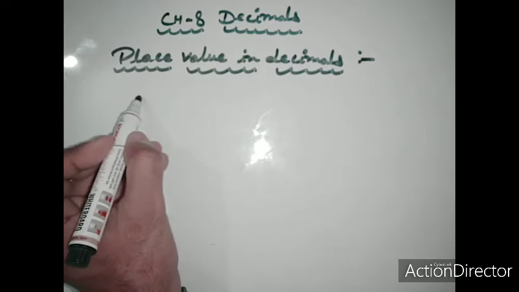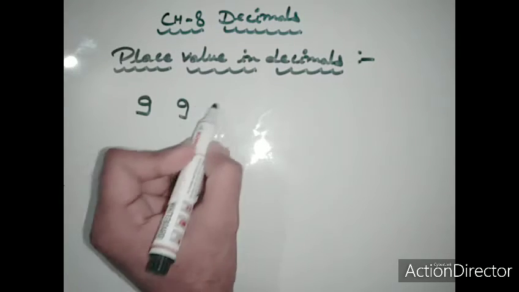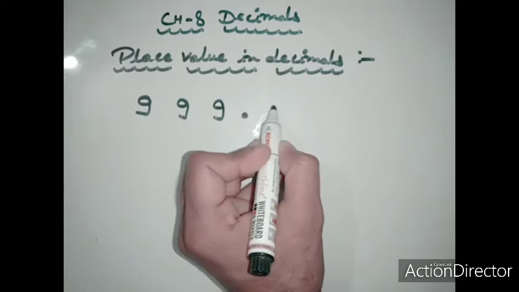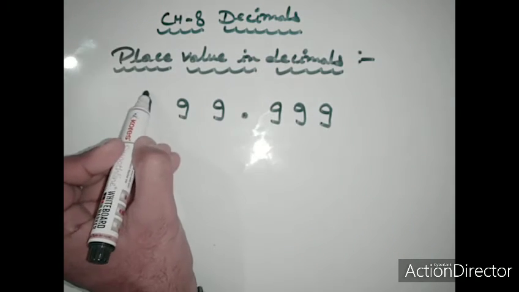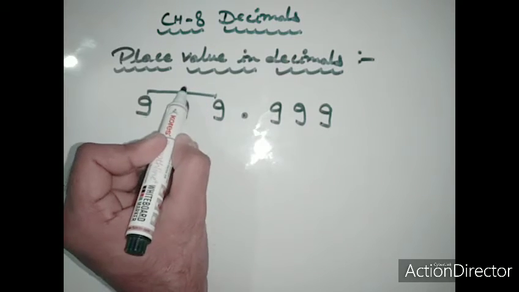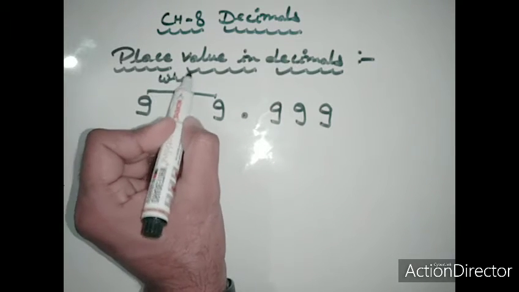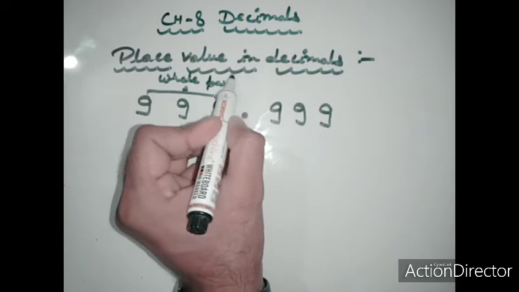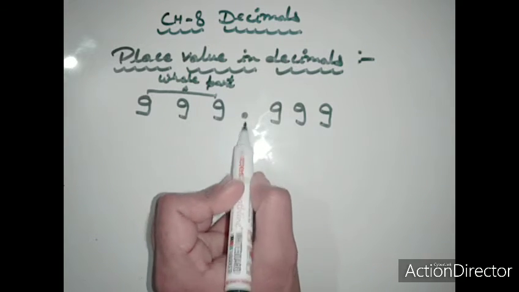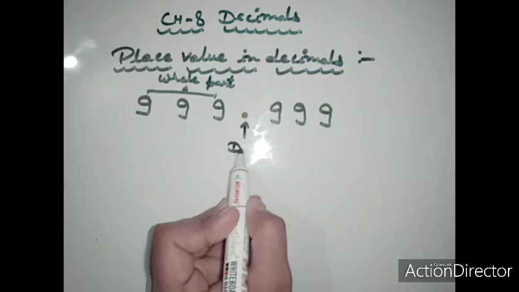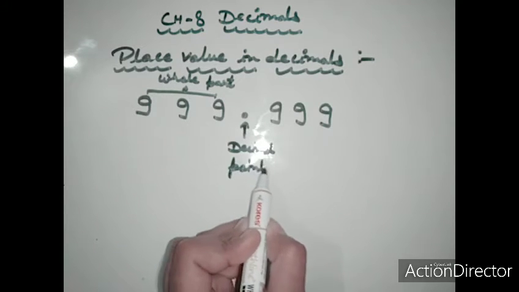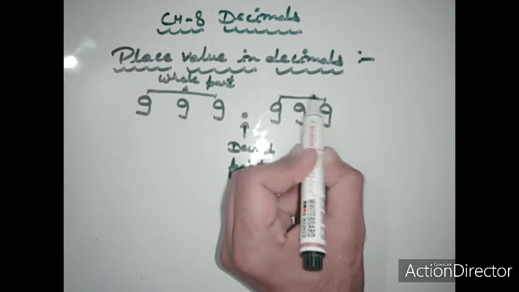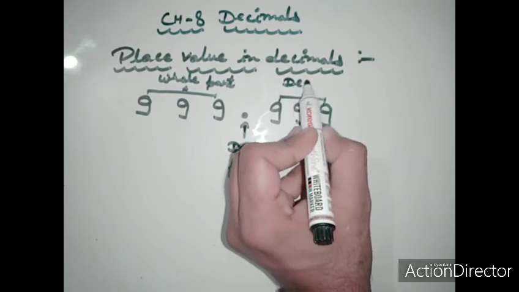Here we take one example, like 999.999. This part is known as the whole number part, and in short we write whole part, and this point is known as the decimal point, and this part is known as the decimal part.